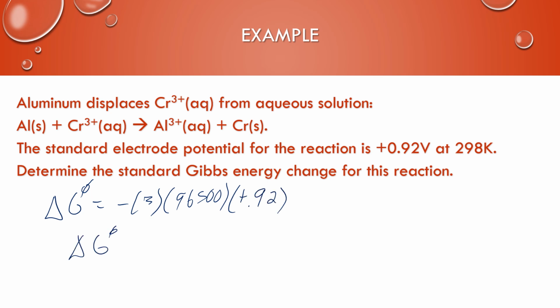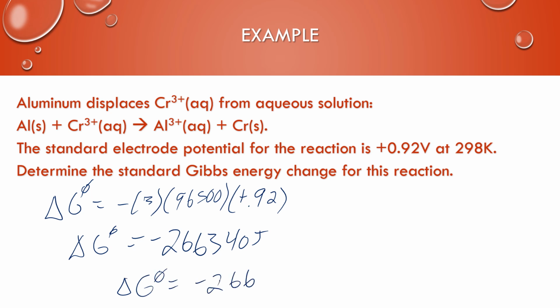Solve for delta G, we get a negative 266,340 joules, or if I put that in kilojoules, negative 266.3 kilojoules. And so that's how you solve that. Thermodynamically favorable or spontaneous, and a release of free energy for that process.